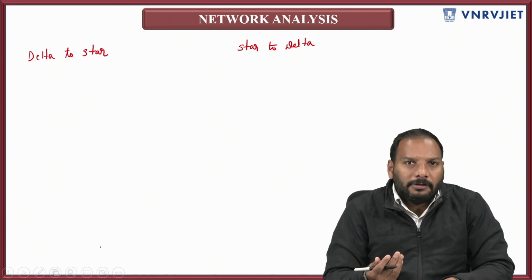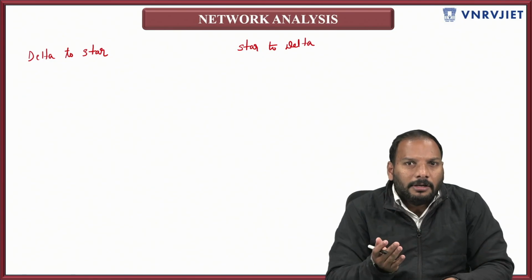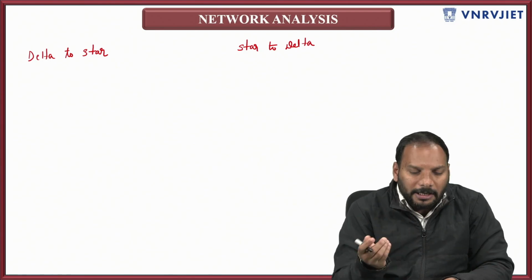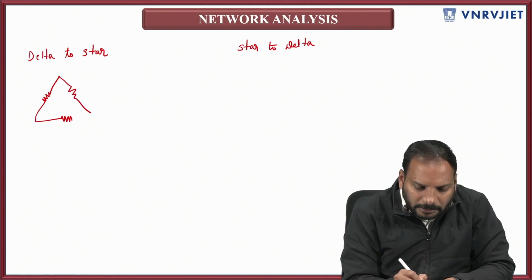Sometimes delta will be given and you need to convert it into star, and sometimes star will be given. That means some portion of the network will be in the form of a delta, in this shape actually.